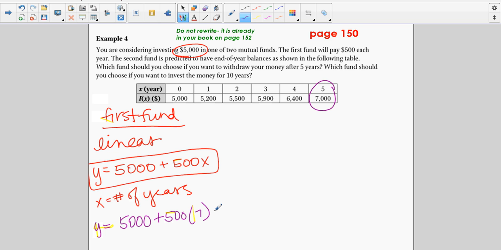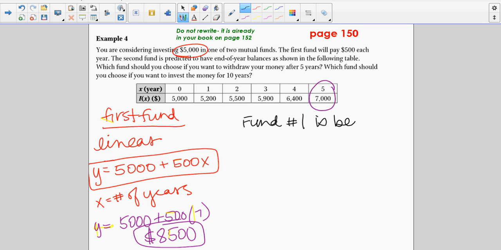Sorry, I don't know what all that yellow is. So we have 500 times 7 plus 5,000. You're going to have $8,500 after 5 years. So for the first question, fund number 1 is better after 5 years.